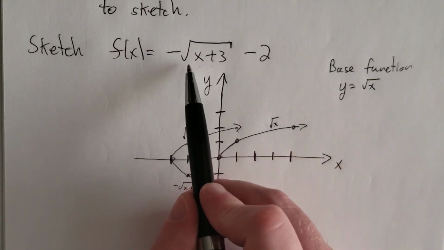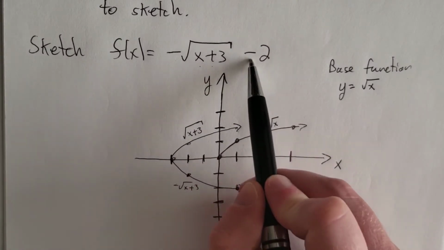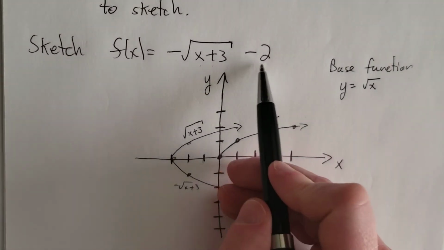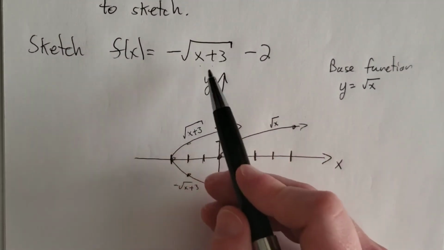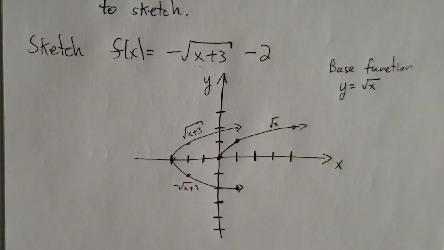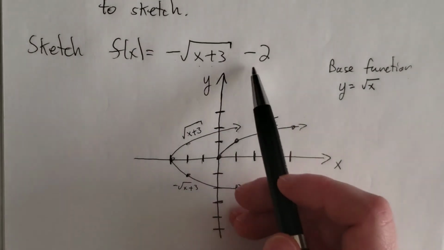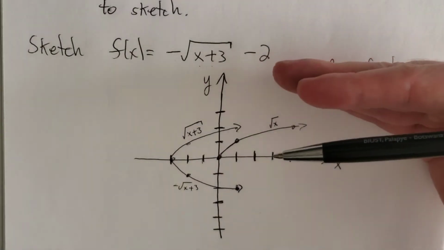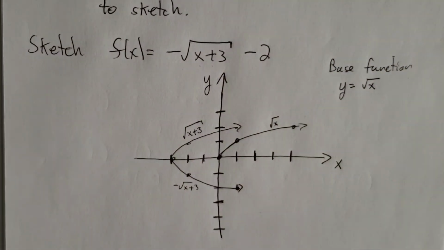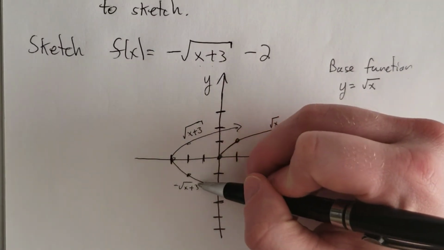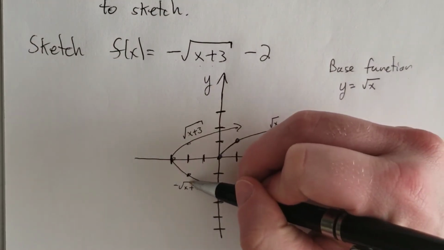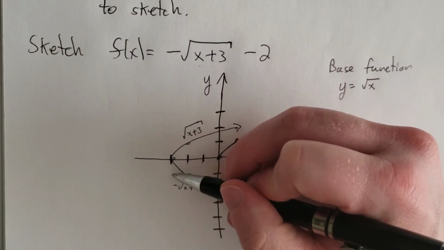Then, what's the last thing that happens up here? Well, then we subtract 2. Subtraction of 2 on the outside of this function means a vertical shift. In particular, -2 means we move the graph 2 units down. So I want to move everything in this negative square root of x plus 3 down 2 units.